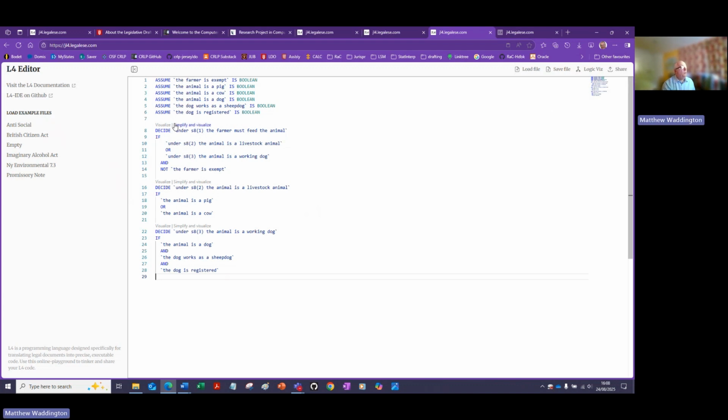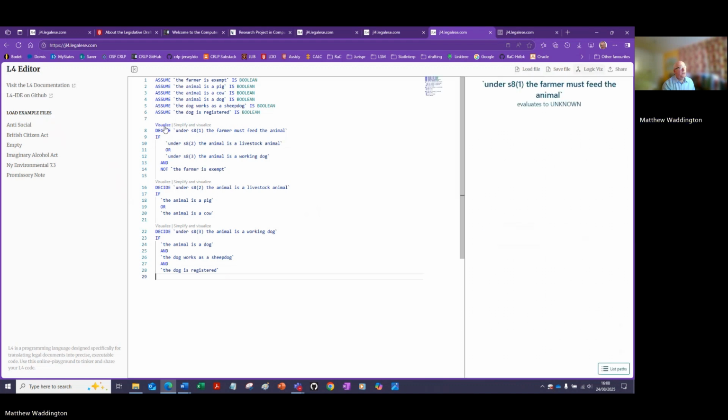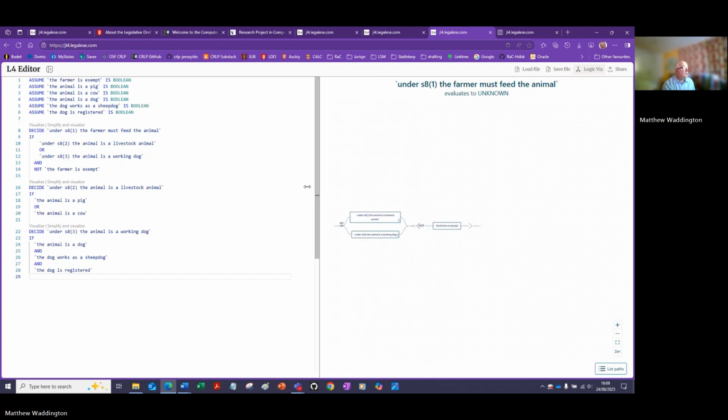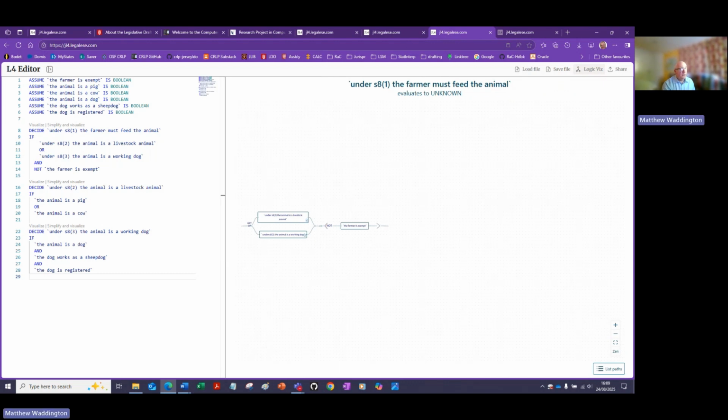So I can now press visualize, and I can do some adjusting of the screen so that you can see better. And that will give you the same map that we were just looking at. Just expand that for you.